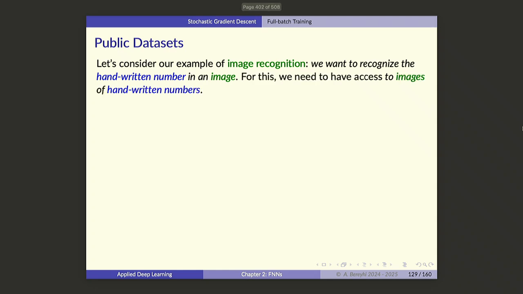So, for instance, in the case of MNIST, there had been a bunch of people in Princeton, about 1.5 or maybe 2 decades ago, and they wanted to do image classification at that point of time. What they did, they basically started to collect images of handwritten digits, and each of them they were labeling.